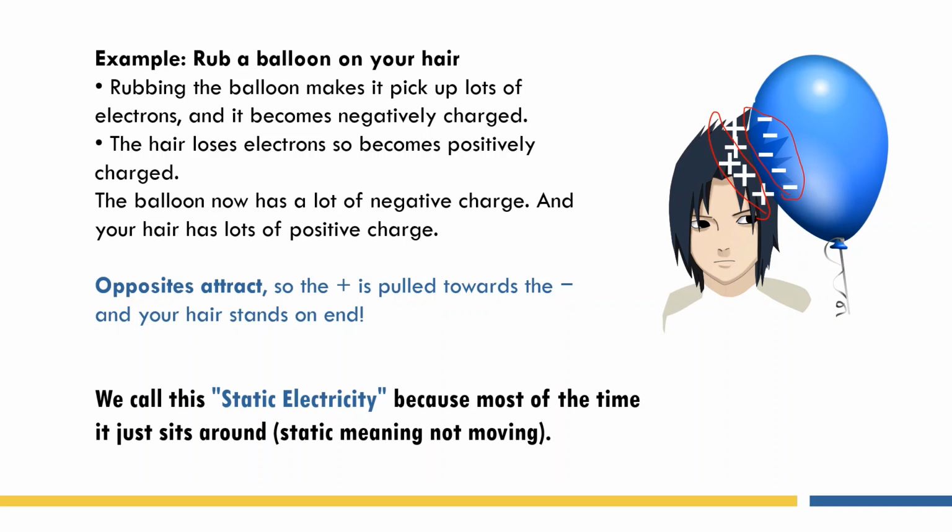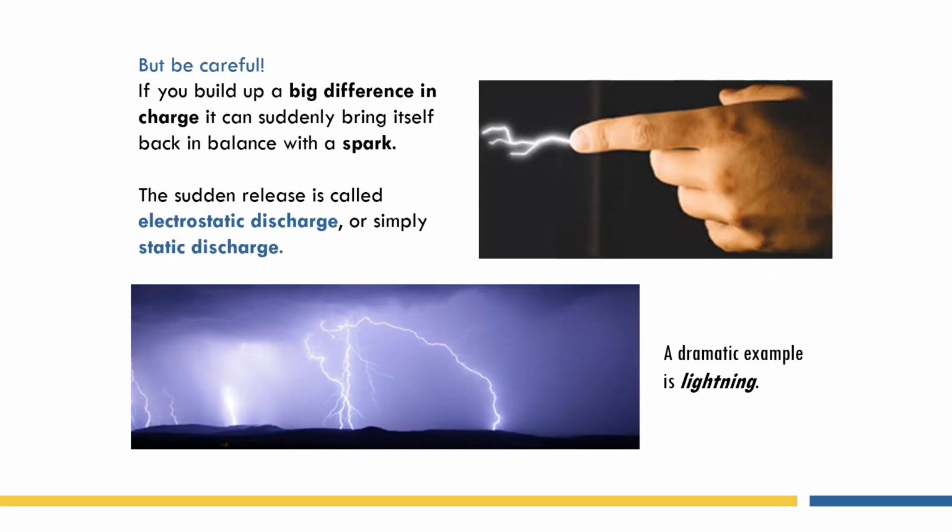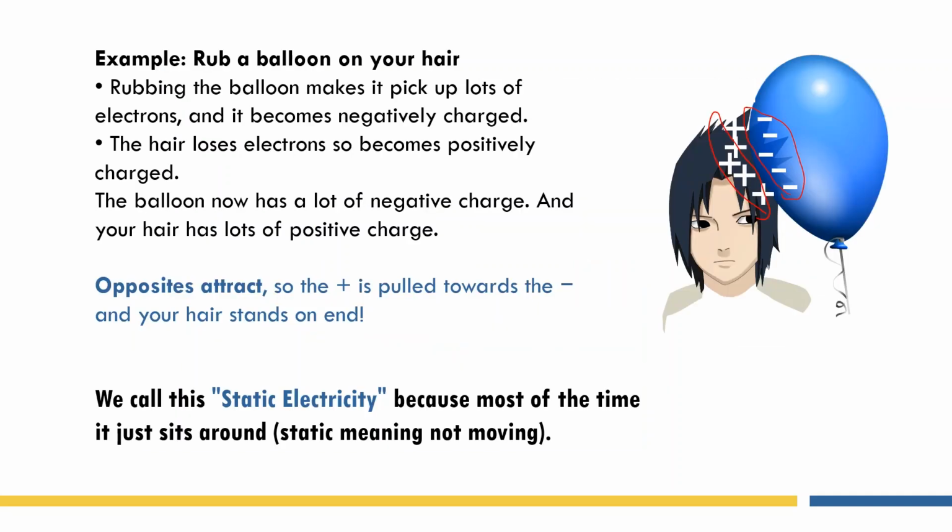This static electricity is not moving, it just sits there. But be careful, if you build up a big difference in charge, it can suddenly come back into balance as sparks.